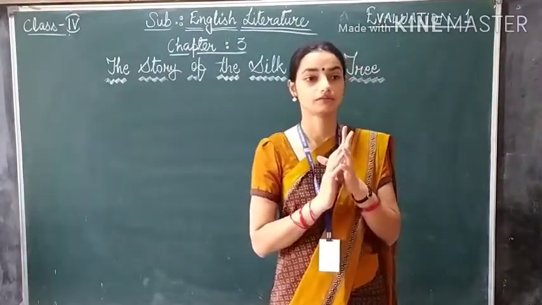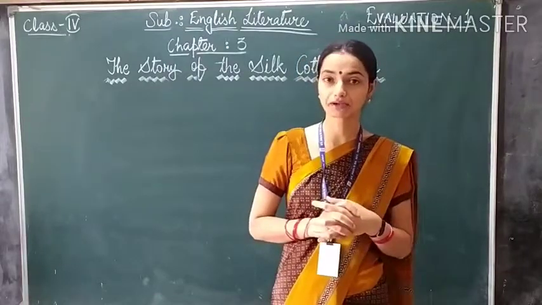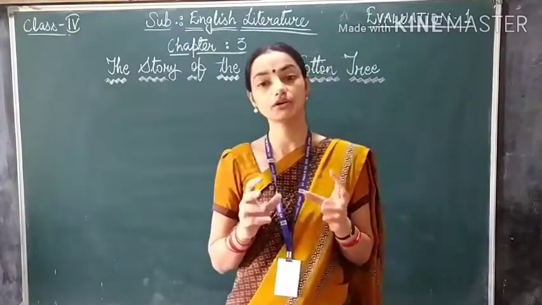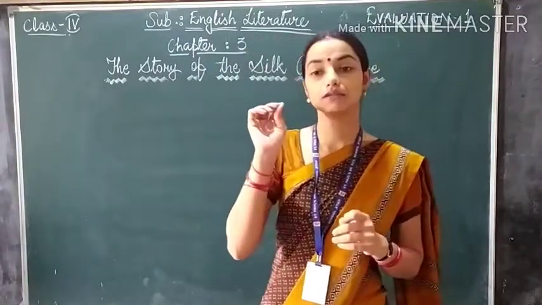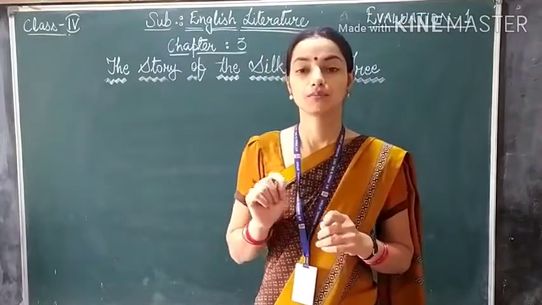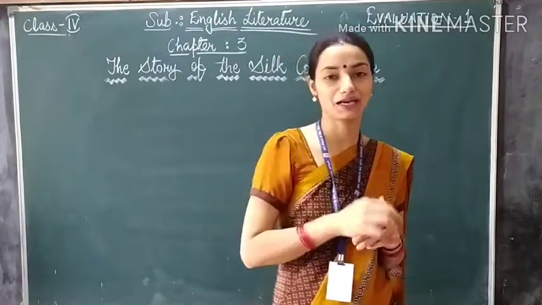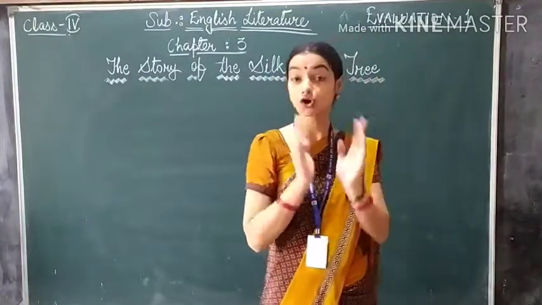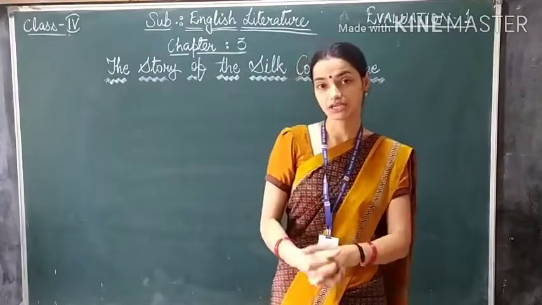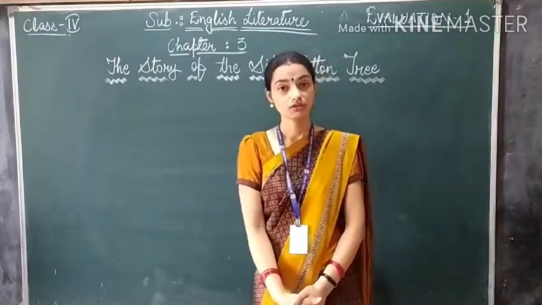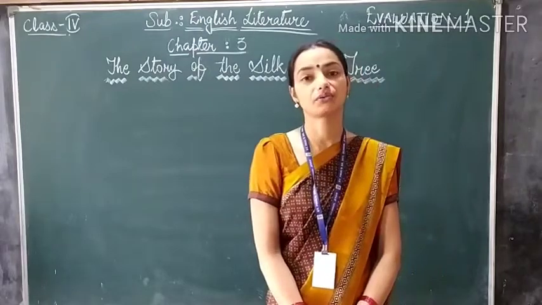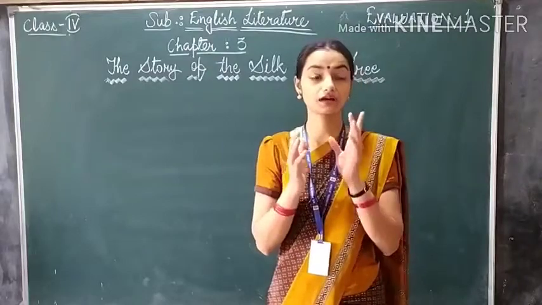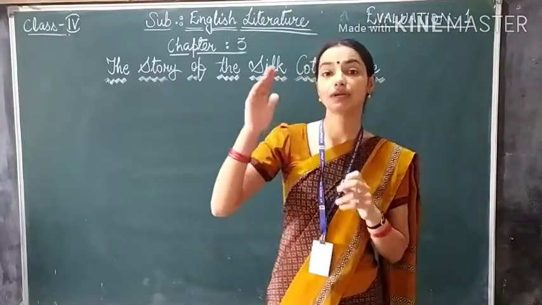So Deepa's mother brought a book about plants from the market, and in this chapter it is written that Deepa's mother buried her nose in it. Buried her nose in it means she read it thoroughly to find out about that tree, and then she came to know that it is a silk cotton tree, also known as the semal tree, and it comes under the trees of a very big height.